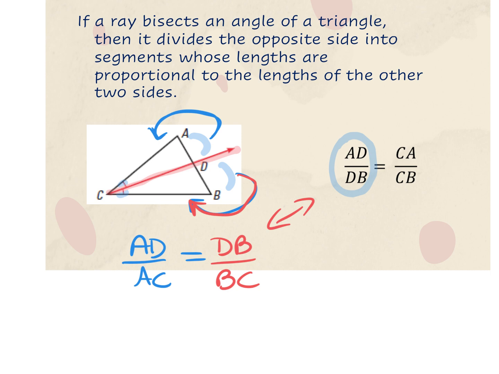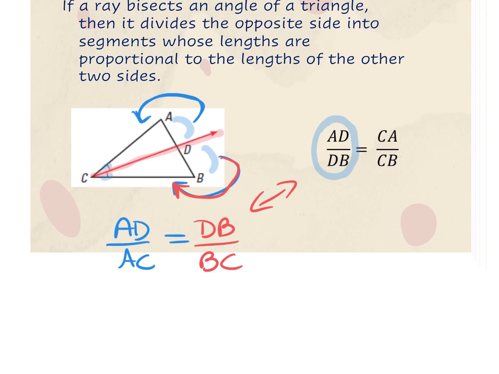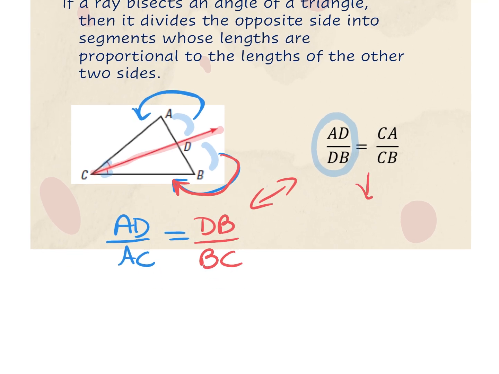You don't necessarily have to do the piece that was split. You could have done the other sides. So again, any variation of these, but you could flip them as well. So here I could flip it and do the DB over AD or the CB over the CA. Either way. So let's try some examples.